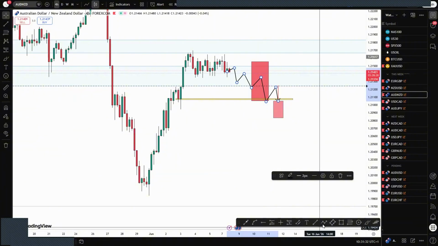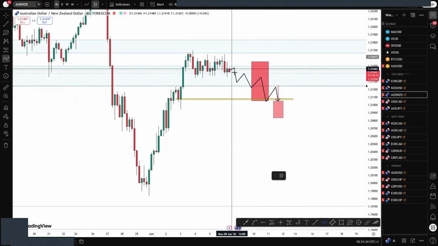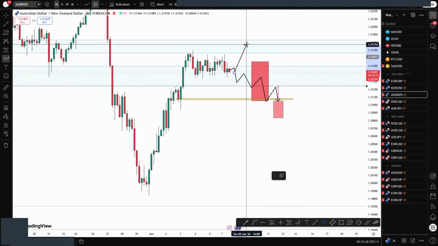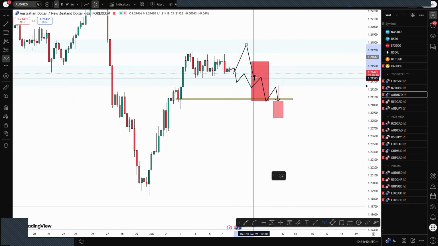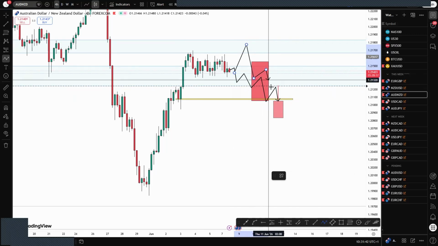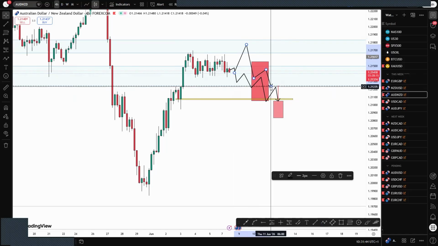The next thing is if price doesn't break below, you still wait for price to come back. When price comes back here, you still wait for price to shift the forward time frame, and we will apply the same strategy.